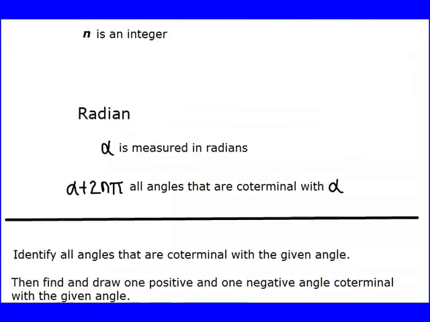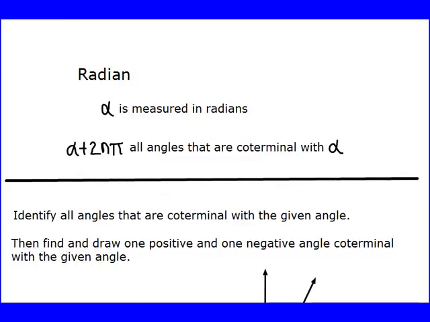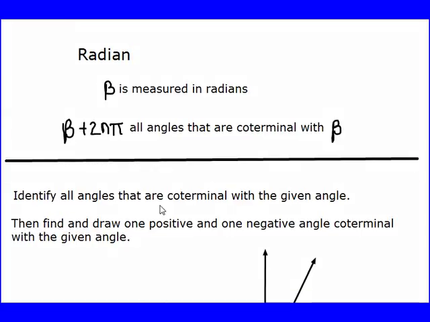Now looking at radian measure. As discussed before, we're going to let beta be measured in radians. When we're looking at coterminal angles to that, we simply take beta and add 2n pi, which represents a number of rotations around the circle, because remember that 2 pi radians is equal to 360 degrees.